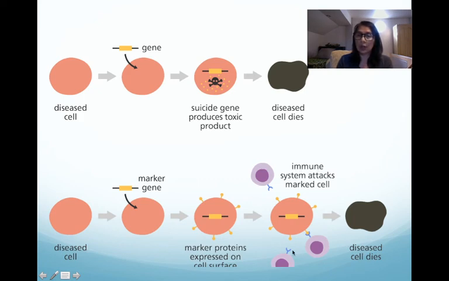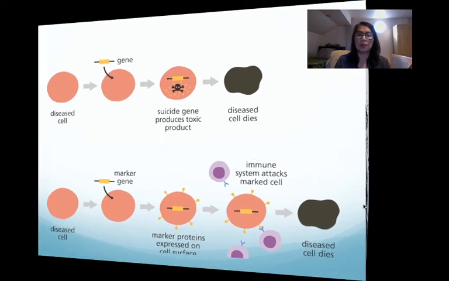So our immune system cells will attack these faulty cells and will result in the death of these cells. The cells carrying the faulty genes die in the process. So these are the various techniques used in gene therapy.